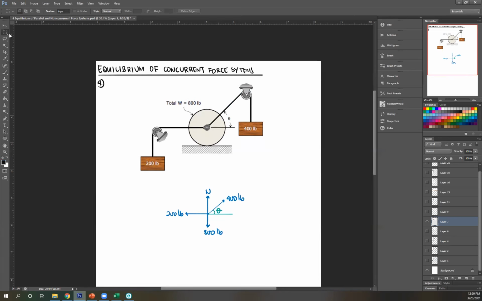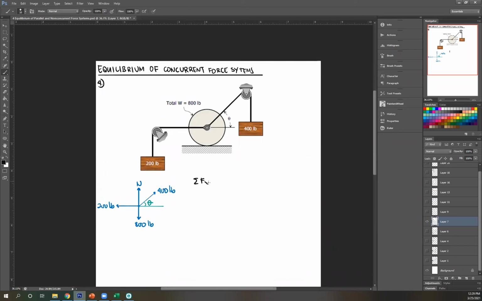Let's start with fx. Okay. So fx, so you got negative 200 plus 400. And this is x component, so cosine, then theta. And then this doesn't have any horizontal component, so equals 0.